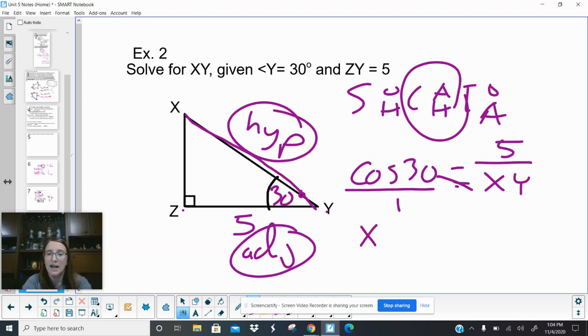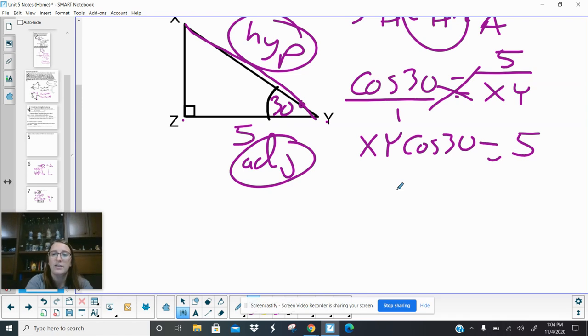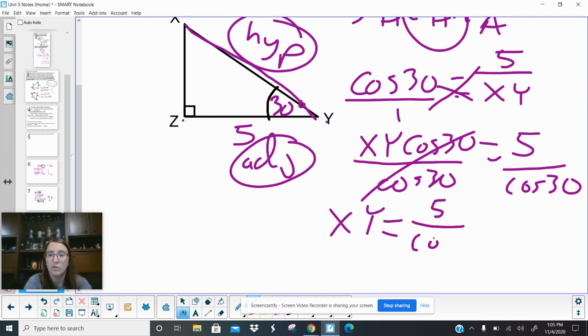So I have xy cosine 30 equals 5 times 1 is 5. And once again, because xy is not by itself, we're going to divide away the cosine 30. If xy was by itself, all we would have to do is plug into the calculator right away. But here, we have to plug this into the calculator now.